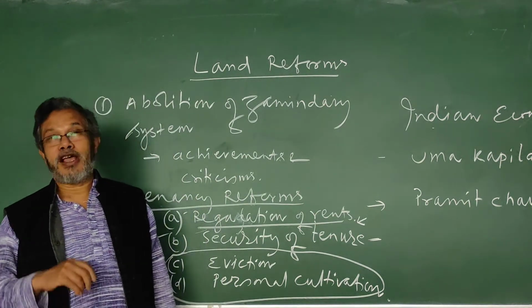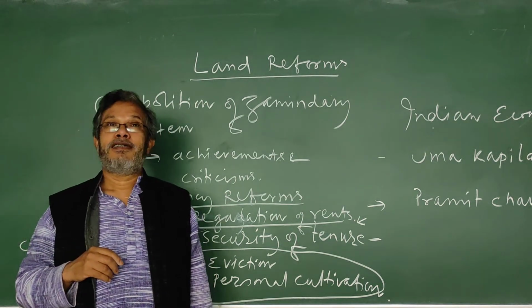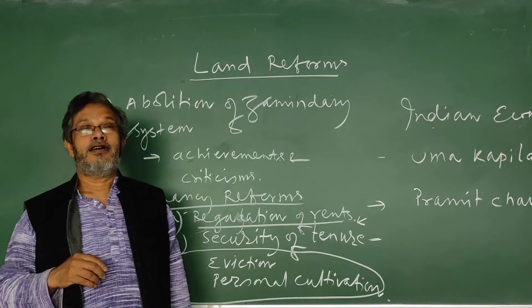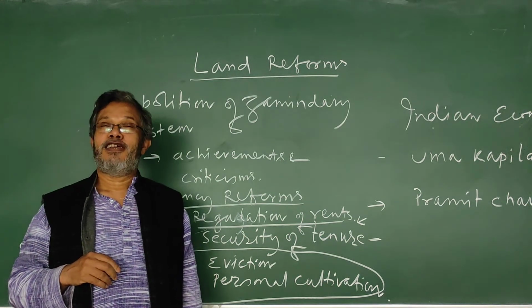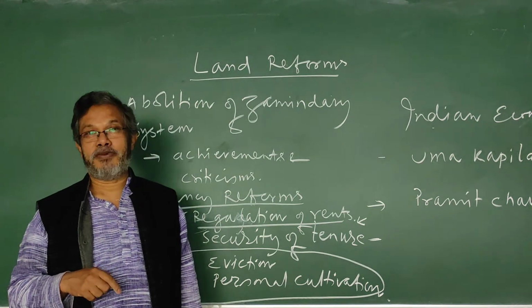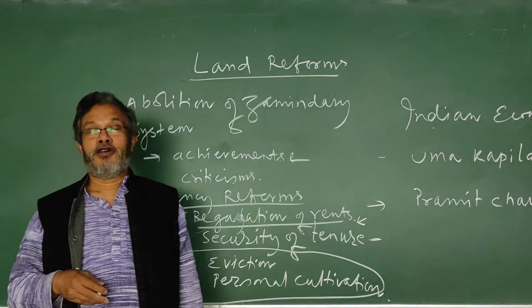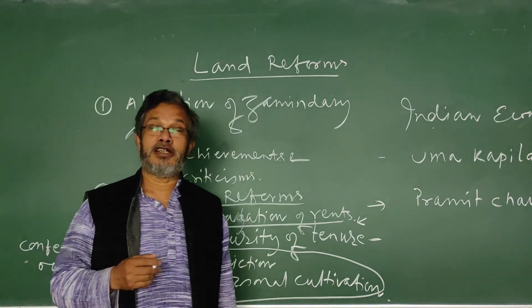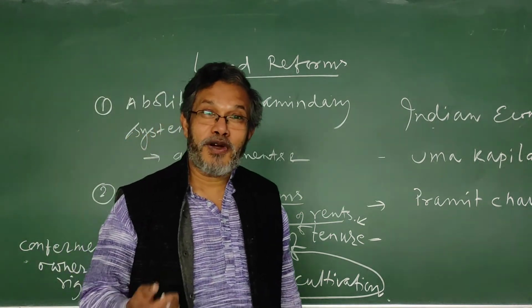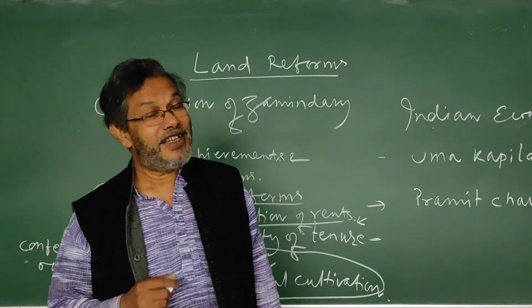In that case, what is happening? The family is keeping the land even in the name of distant family members, relatives, even in the name of servants, maid servants, even in the name of cows, animals in the family. That happened.